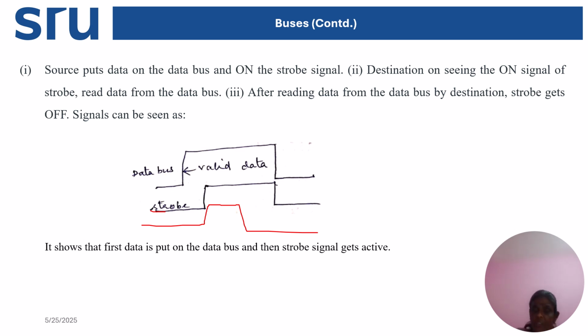After keeping the data, the source informs the destination through the availability of the strobe signal on the line. So first it keeps the data and then it sends the strobe signal to the destination. It shows that first data is put on the data bus, then the strobe signal gets active.